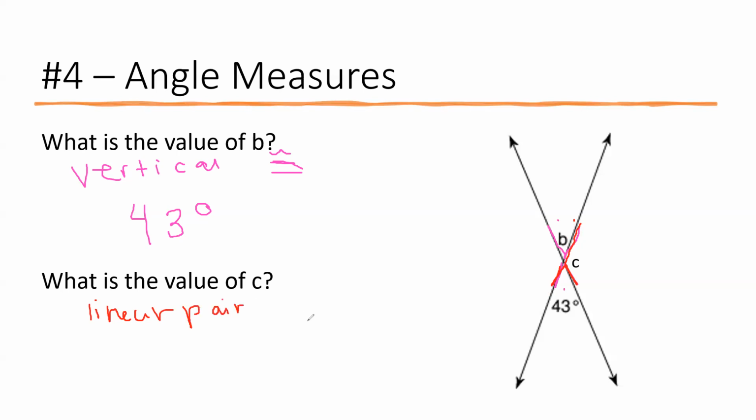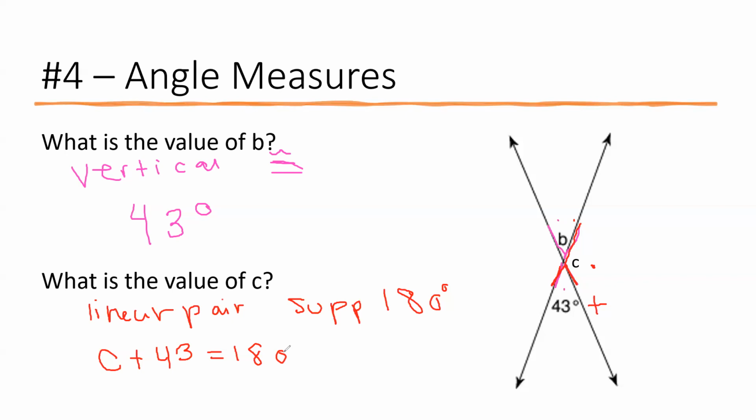And if angles are a linear pair, they are supplementary, meaning they add up to be 180 degrees. So this angle C plus our 43 equals 180, because they form that straight line.